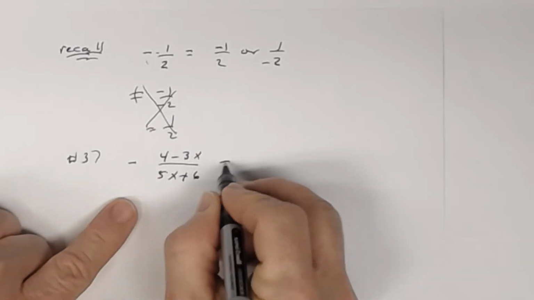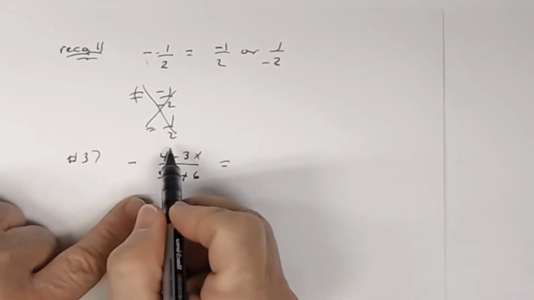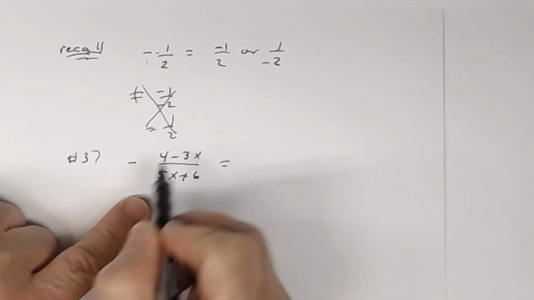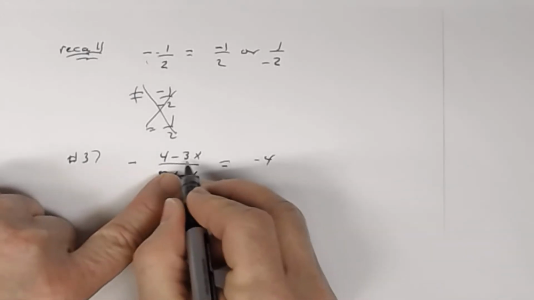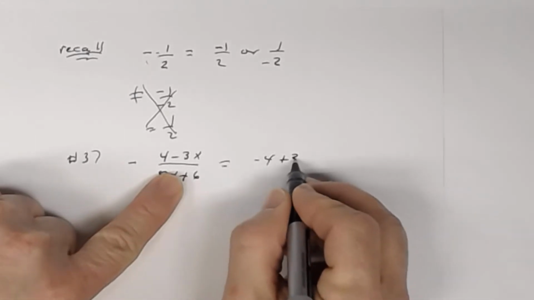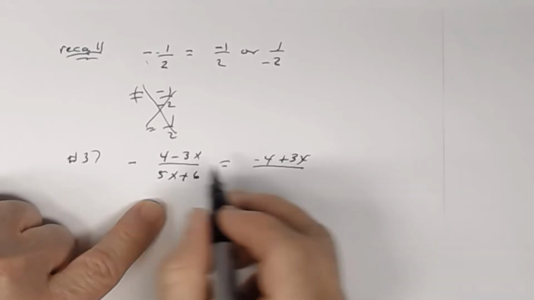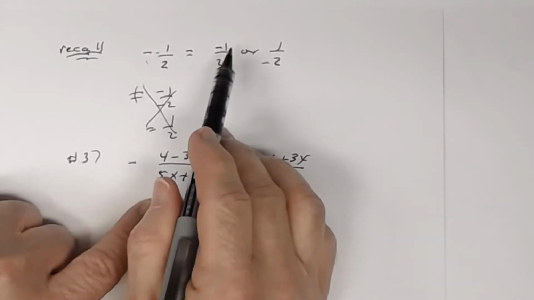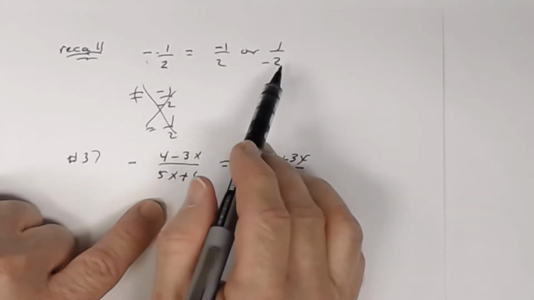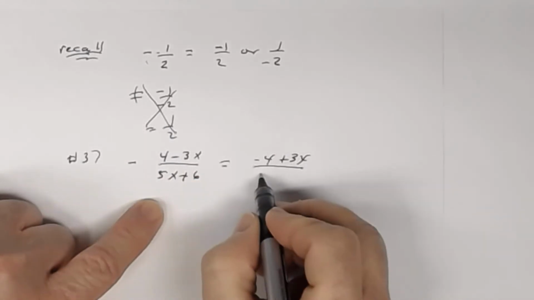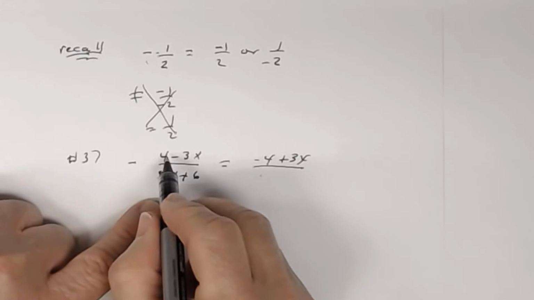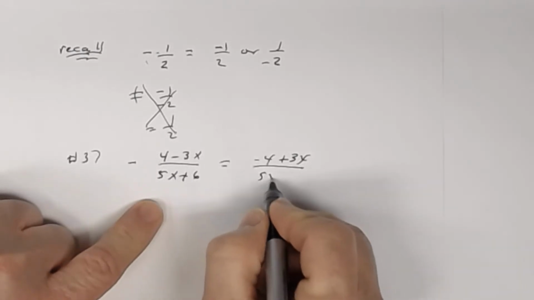So in other words, that's going to equal, so I can distribute the negative in the numerator. So it becomes a negative 4, and the opposite of a negative 3x is a positive 3x divided by the denominator. Remember, you only take the opposite of the numerator, or you take the opposite of the denominator, but not both. And so since I took the opposite of the numerator, then the denominator stays the same.